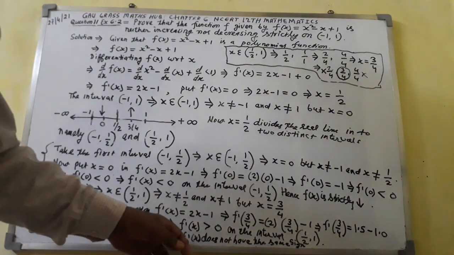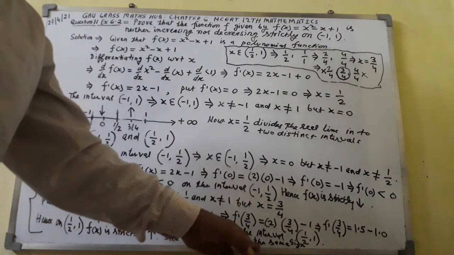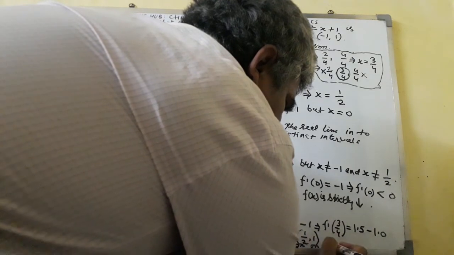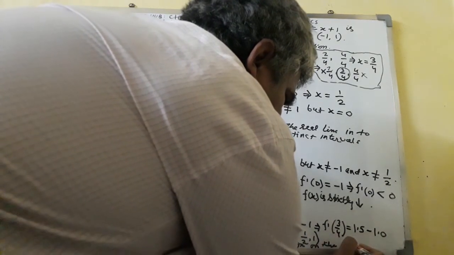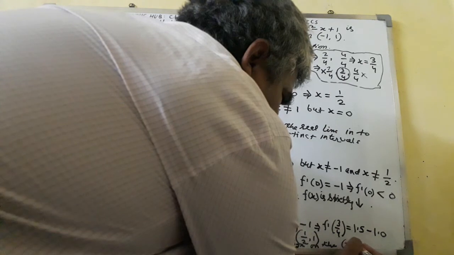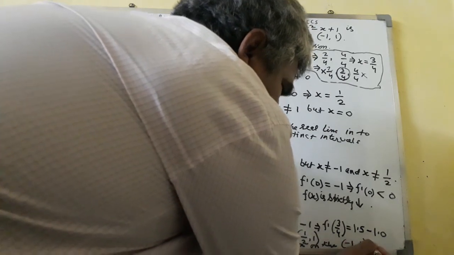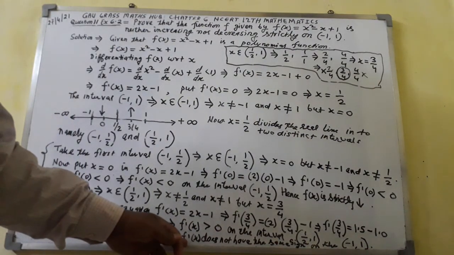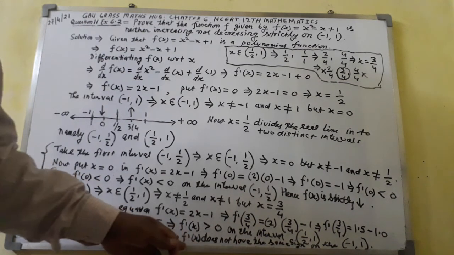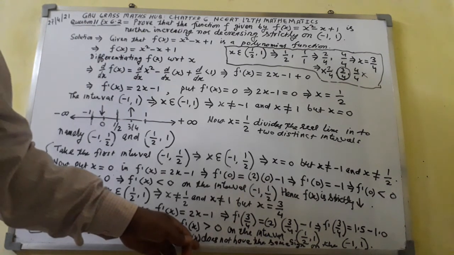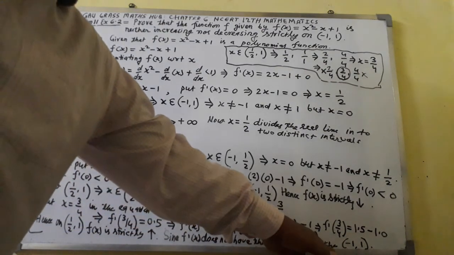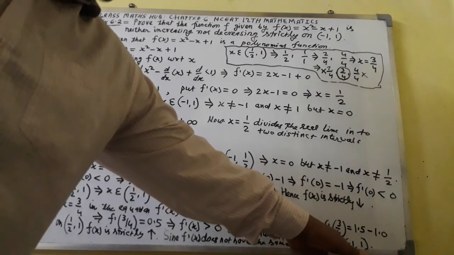since f dash of x does not have the same sign on the open interval -1 comma 1, this thing you have to write. So here at last I have written, since f dash of x does not have the same sign on the open interval -1 comma 1.